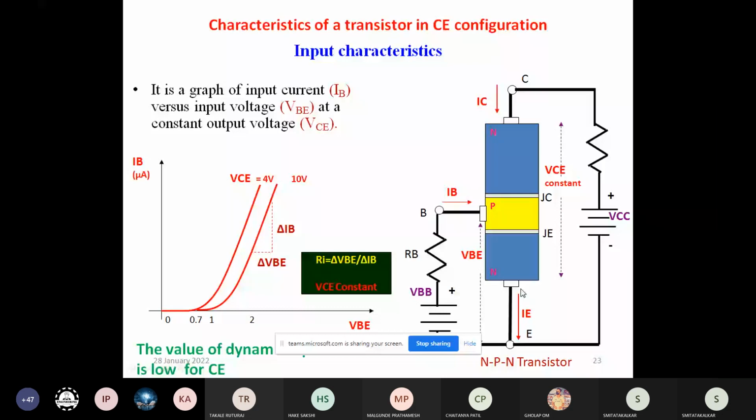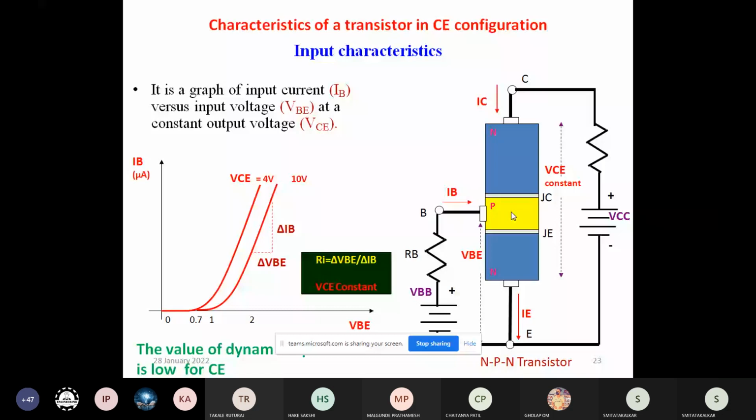For the input resistance, if the voltage increases, the current flows through the junction. In the junction formation, the P region creates a negative charge, and the electrons create a positive charge in the emitter terminal.